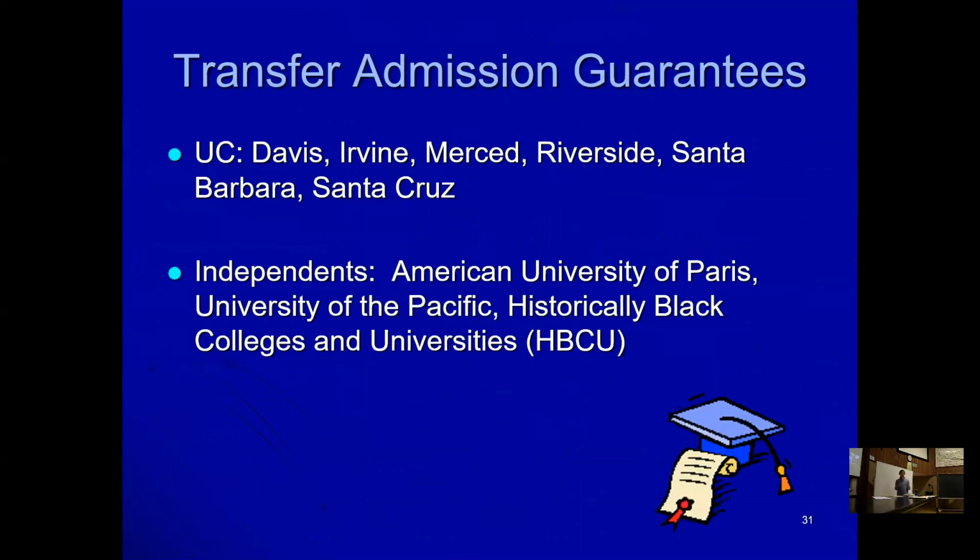Okay. But my main focus today was I wanted to make sure that for the UC transfer admission guarantee, you understand 6 out of 9 participate. It's like insurance. It's a guaranteed transfer as an option. You don't have to go there. You can choose not to. Okay. But I encourage you to consider it if you're going to apply to UC. Okay.